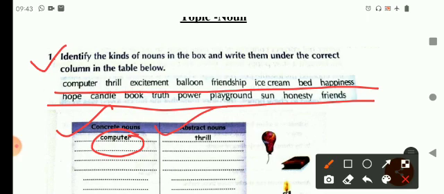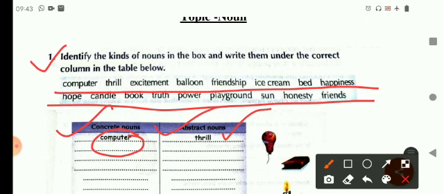Now the second one is abstract noun. Abstract nouns are the feelings that cannot be seen. You cannot see abstract nouns. That is like a thrill. Thrill is a feeling. It doesn't have its own shape. You cannot see the thrill. You cannot touch the thrill. You can only feel it.